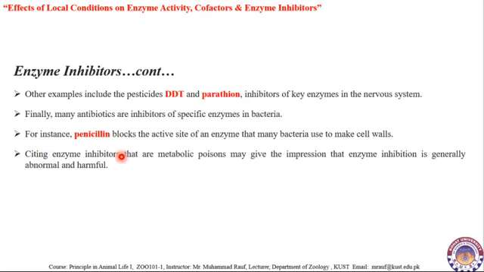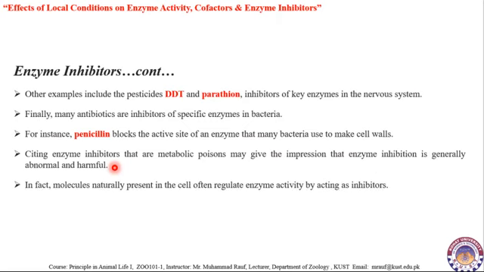Citing enzyme inhibitors that are metabolic poisons may give the impression that enzyme inhibition is generally abnormal and harmful. In fact, molecules naturally present in the cell often regulate enzyme activity by acting as inhibitors.